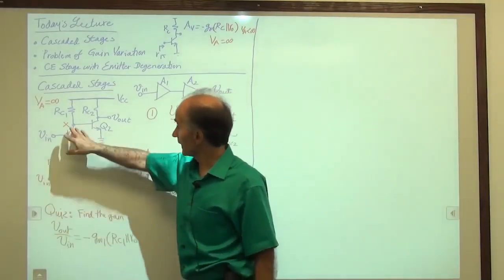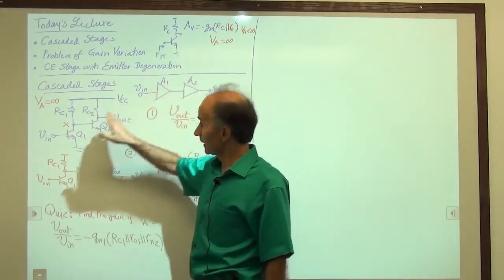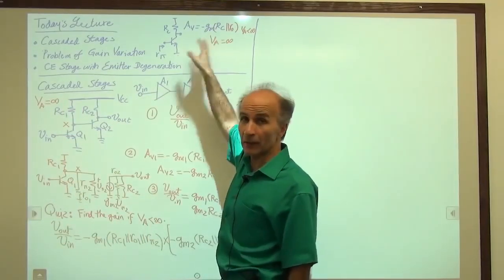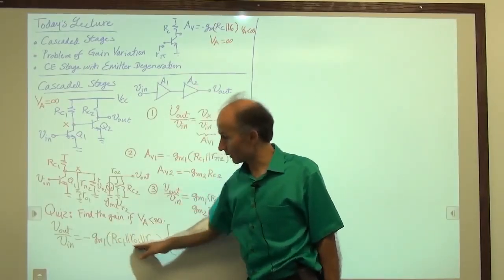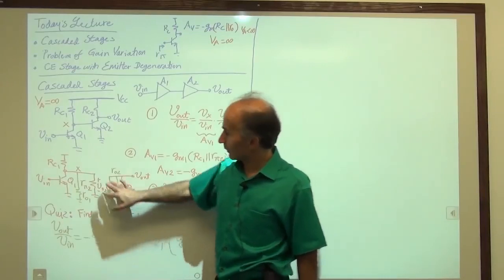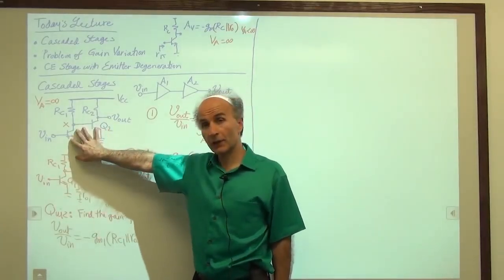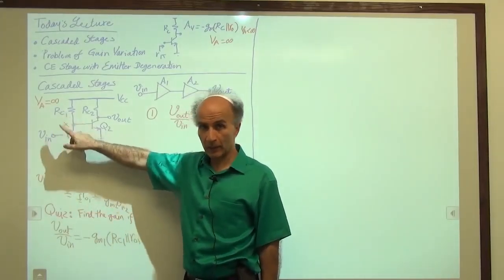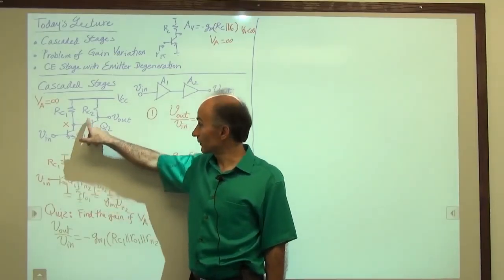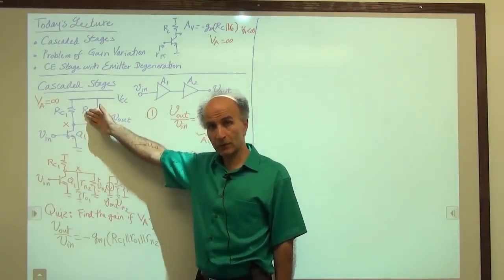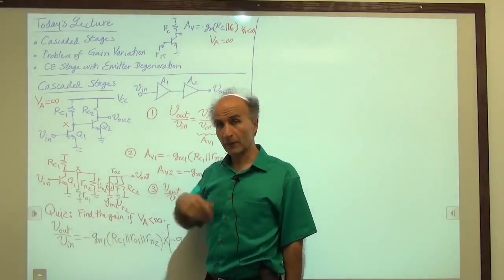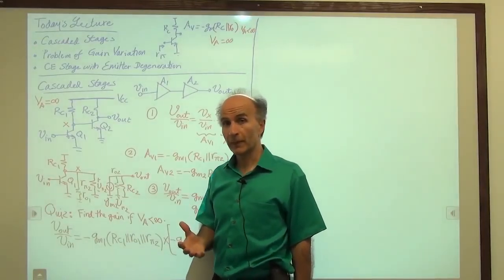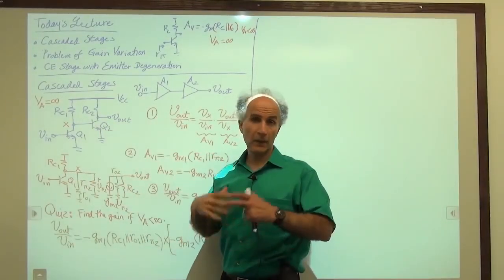Here, given these understandings of cascaded stages, the concept of input impedance, the concept of gain of one stage as described here, all help us write the final result. In fact, sooner or later, we don't even need to draw any of this. By just looking at that circuit, we say the gain from here to here is minus GM1 times RC1 in parallel with RO1 in parallel with RPi2, and the gain from here to here is minus GM2 times RC2 in parallel with RO2. Okay, these are the things that we need to build up in our mind. You have to become comfortable and proficient with them so that as the circuits become more and more complex, we can easily handle them.